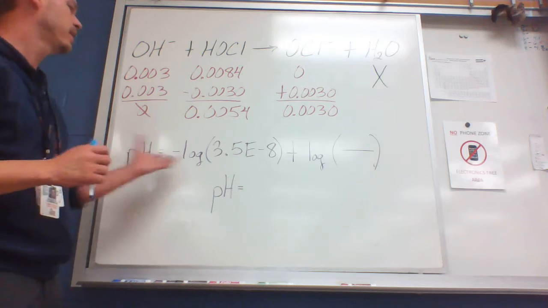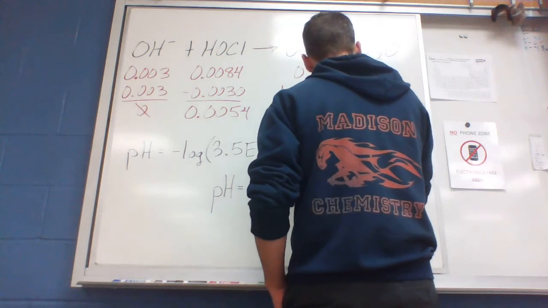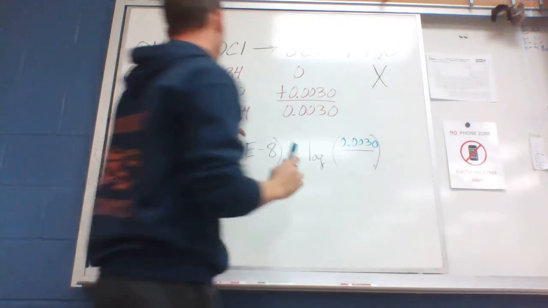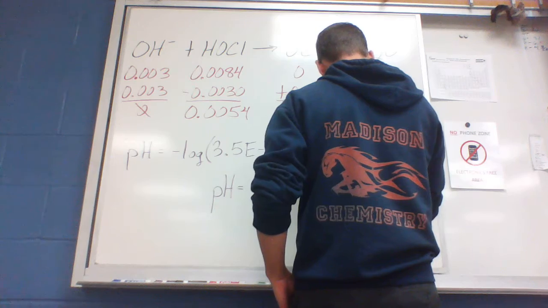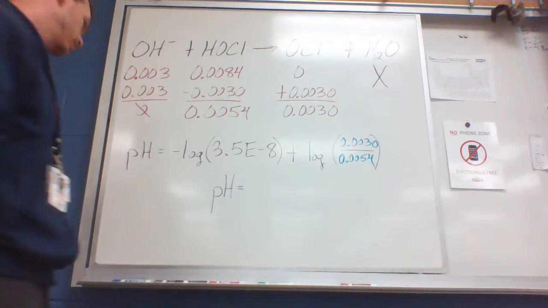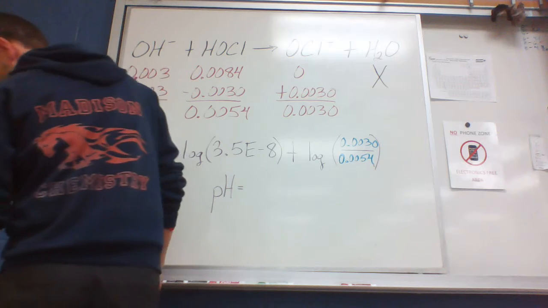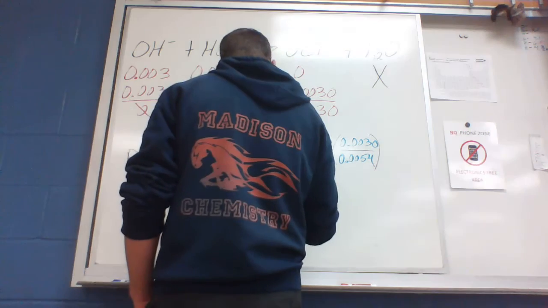I already have Henderson all set up and ready to go, so I'm going to put my ion up here. I'm going to put my weak species down here. And it's going to spit out a pH this time of 7.20.